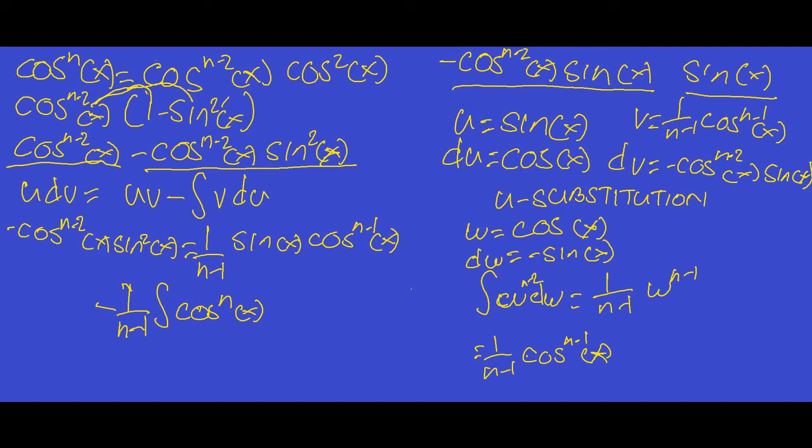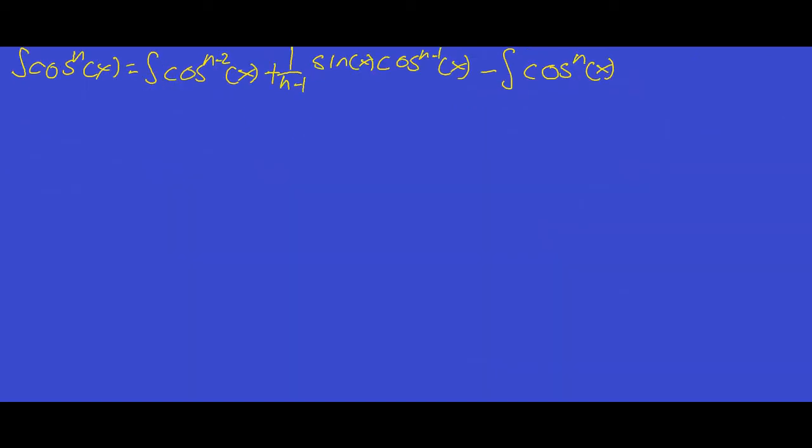So, ang gagawin natin ngayon ay i-transpose itong 1 over n minus 1 integral of cosine raised to the power n sa left hand side, tabi ng given na integral of cosine raised to the power of n. So, ipag-add natin siya, tapos yung fractions nun, division natin. So, ayun na, nakita nyo yung buong equation.